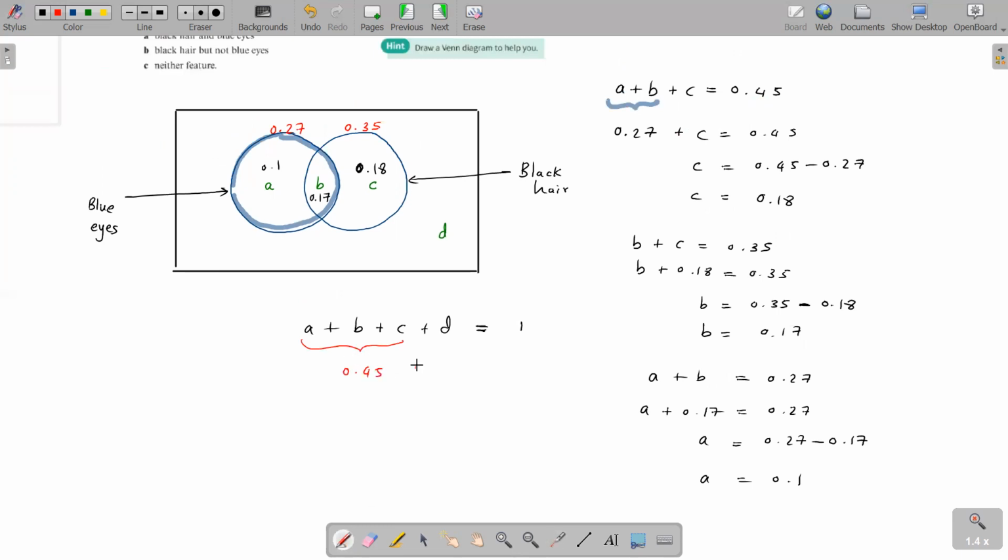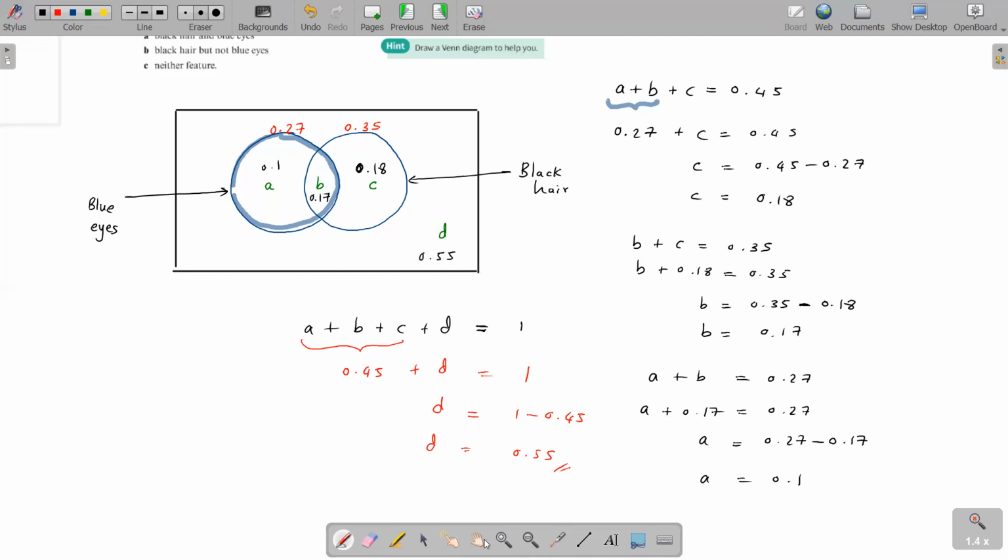Either you can use that, or you can use the individual values, 0.1 plus 0.17 plus 0.18. No problem. So D equals 1 minus 0.45, which equals 0.55. So I just found the individual probability of each region.